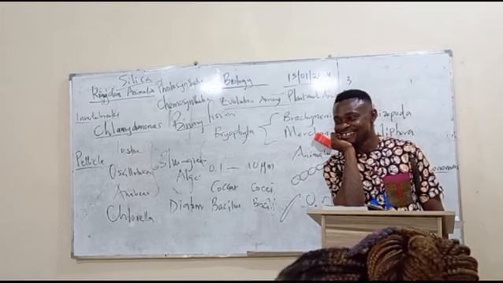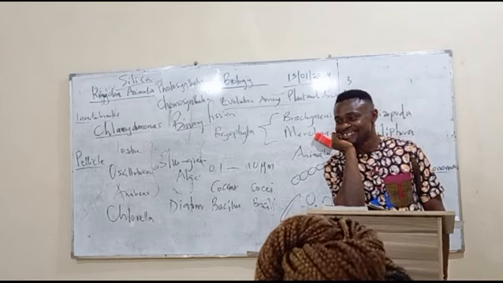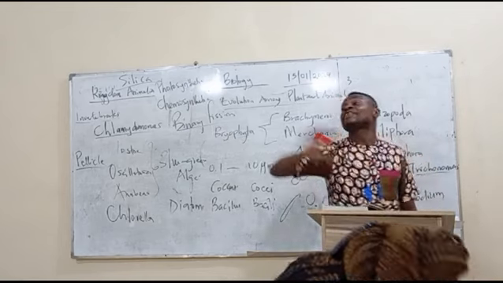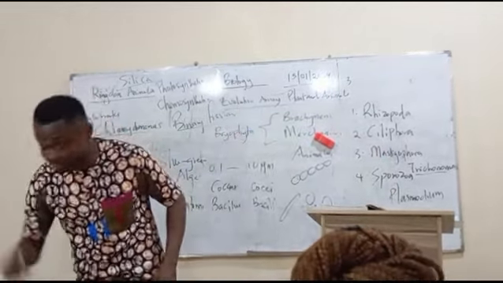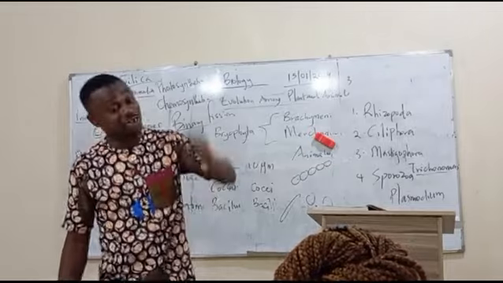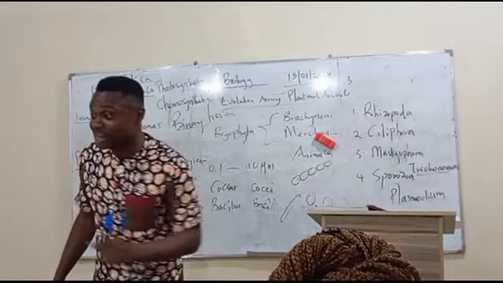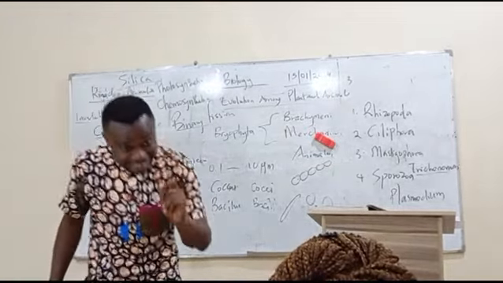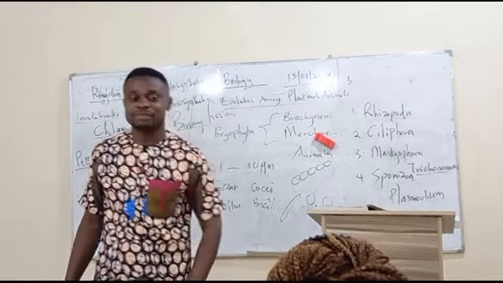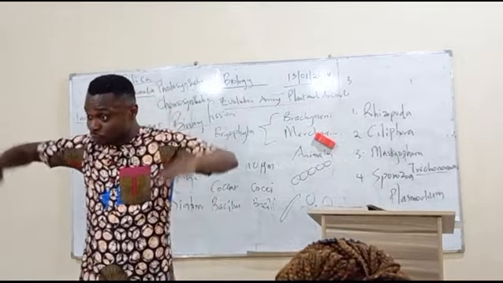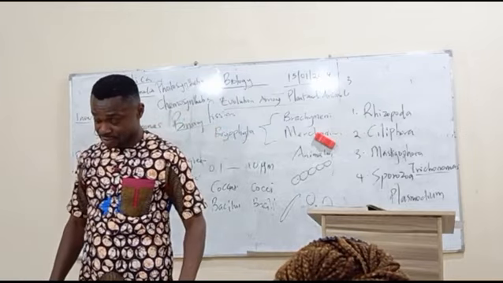You start having clinical malaria when the red blood cells are being destroyed to the extent that the debris in the system becomes much. Fever will start coming in, and other symptoms of malaria will start coming.